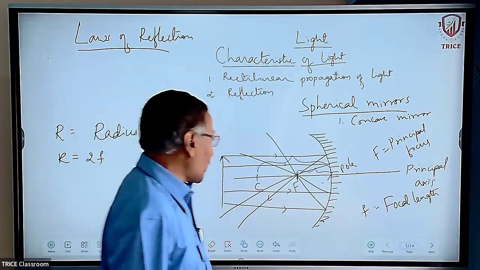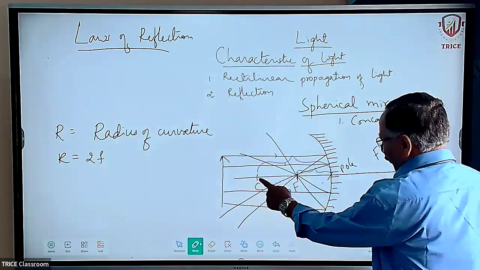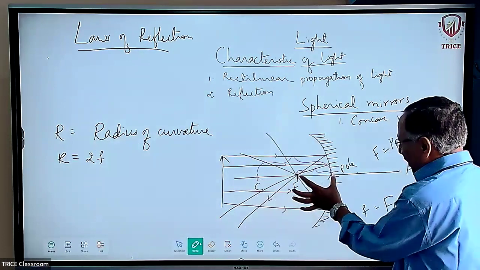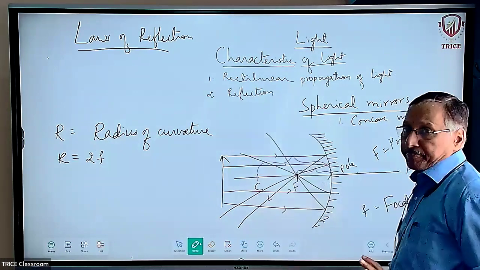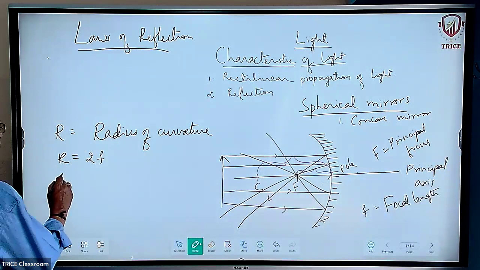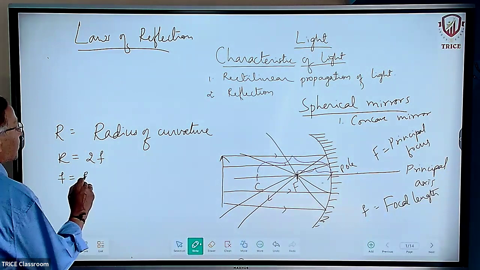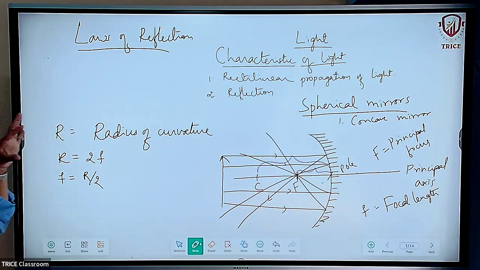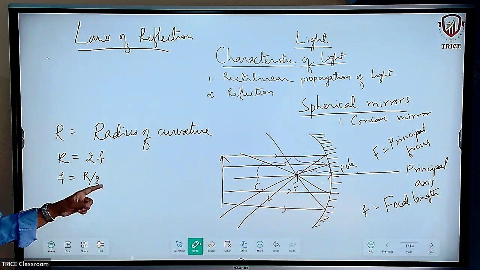R is equal to 2f means the length from center of curvature to pole is double the focal length. Or you can say f is equal to R by 2. So if radius of curvature is given, you find the focal length of that mirror by dividing by 2.